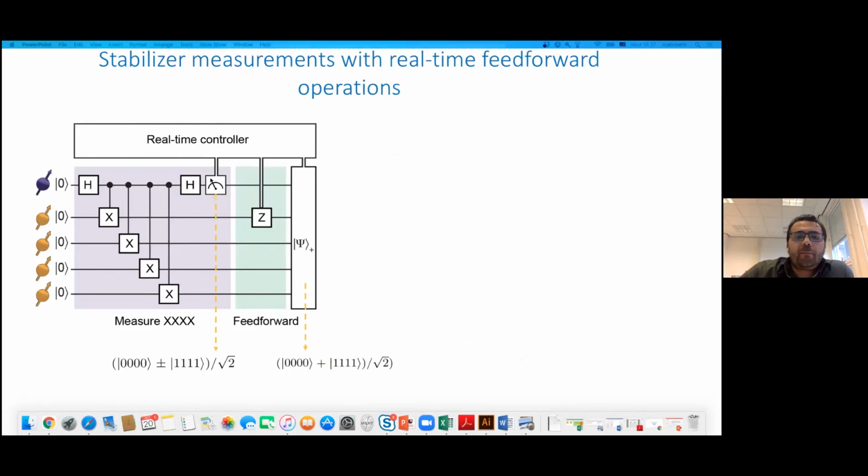All right. A key ingredient for quantum error correction is the ability to perform non-destructive stabilizer measurements and to apply real-time feedback based on the measurement outcome. So here we first test this capability on a simple scenario, using such a stabilizer measurement to deterministically prepare an entangled state.